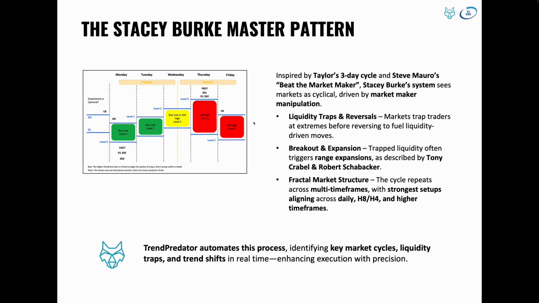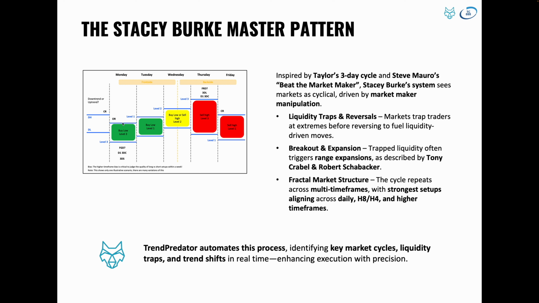And this is very nicely explained by Steve Mauro with the market maker logic, or George Douglas Taylor with the 3-day cycle, or then especially Stacey Burke with the system. They all explain this wave function. And there are different signals and logics to follow that. Also, especially the opening range, for example, as described by Tony Crabel or Schabacker.